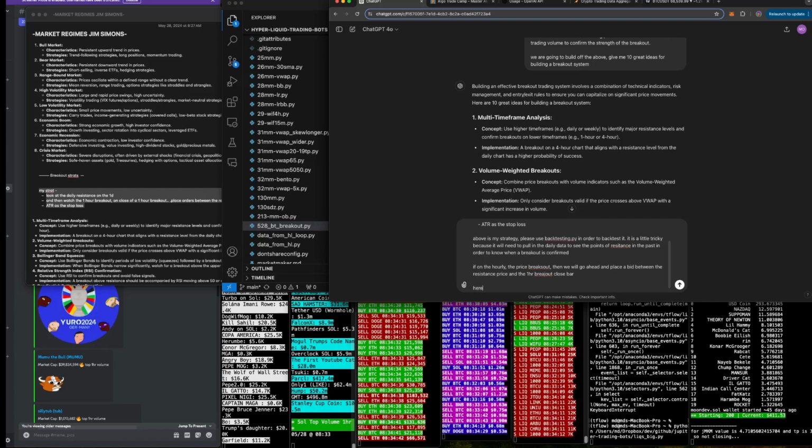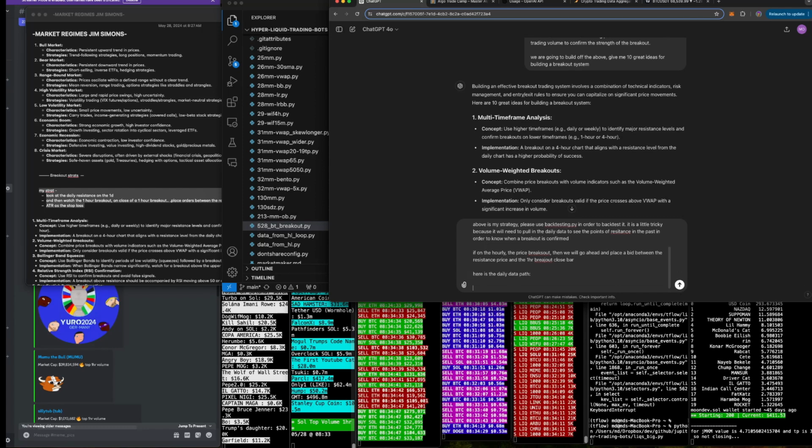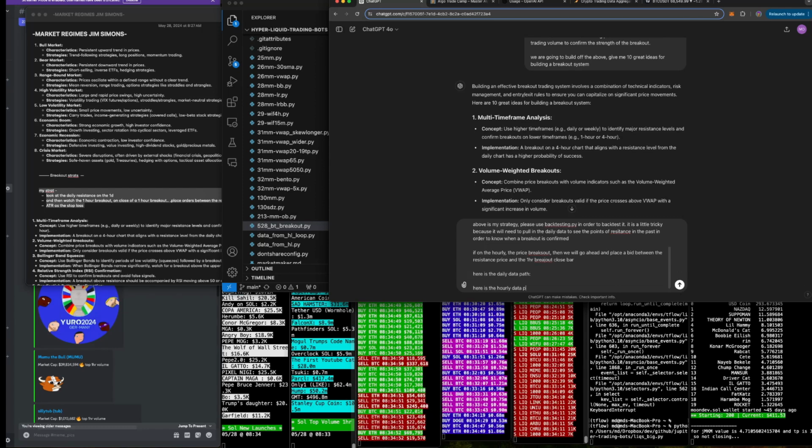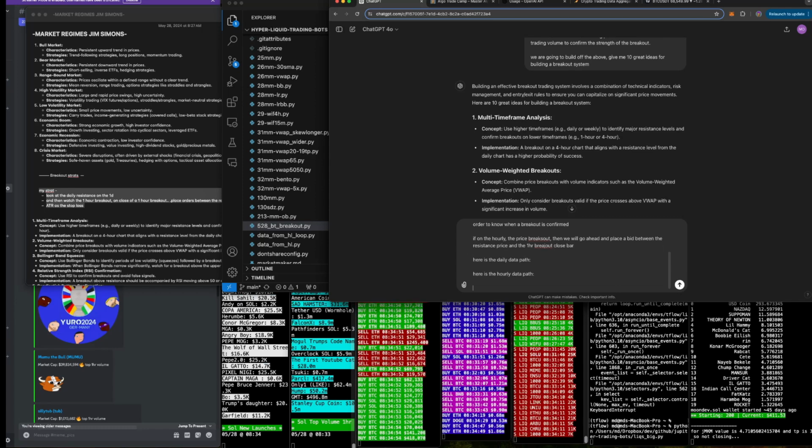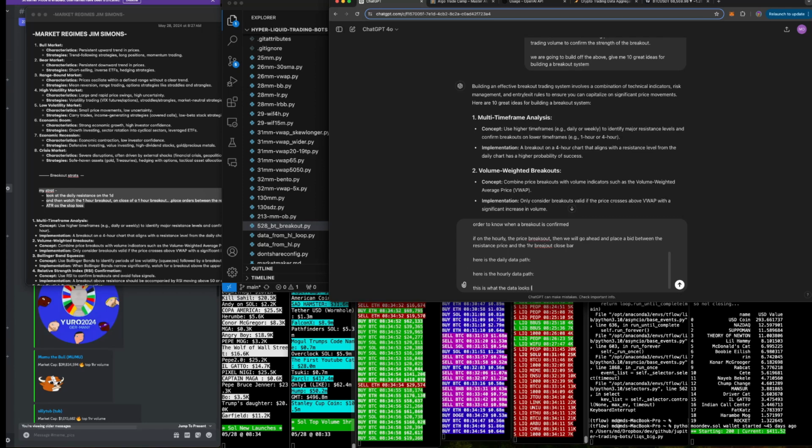Here is the daily data path. Here is the hourly data path. This is what the data looks like for both of them.